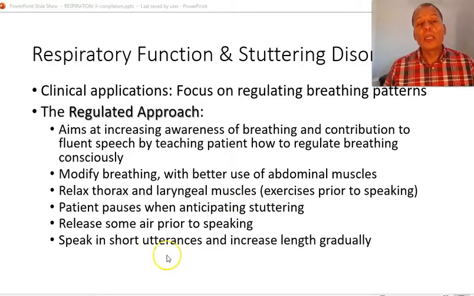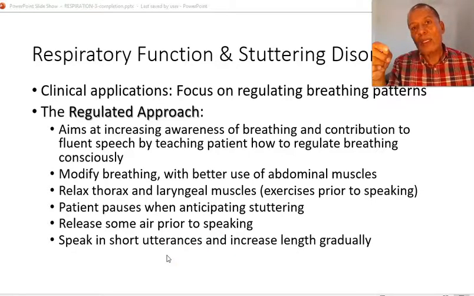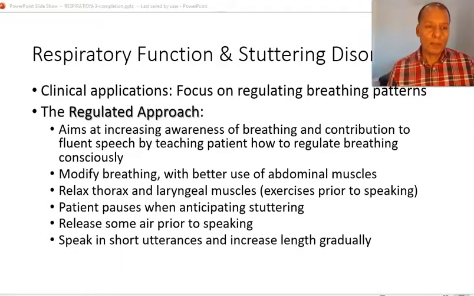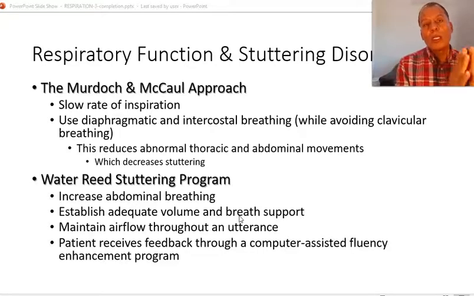So speaking in short utterances, because they can control them better, and then increasing the length of utterances gradually.